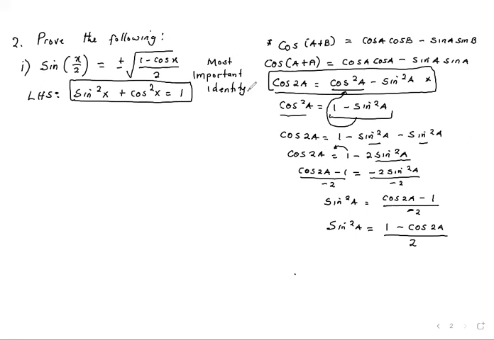Then we said, from this very identity, if somebody asked me for cos squared, I can take sine squared to the other side, so that cos squared x can be written as 1 minus sine squared x. From this very identity.